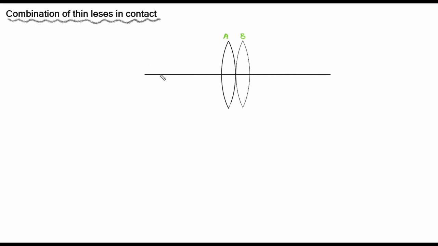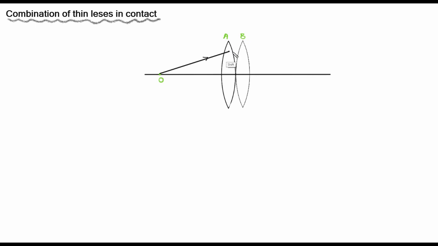So I'll place one object O here, and this object is a point object. From this point, a ray of light will strike this lens. Since there are 2 lenses here, 2 times refraction takes place.